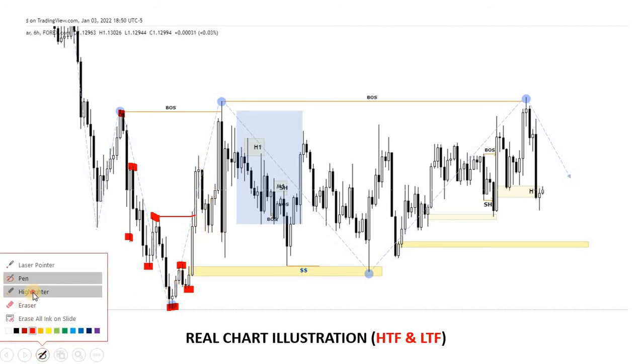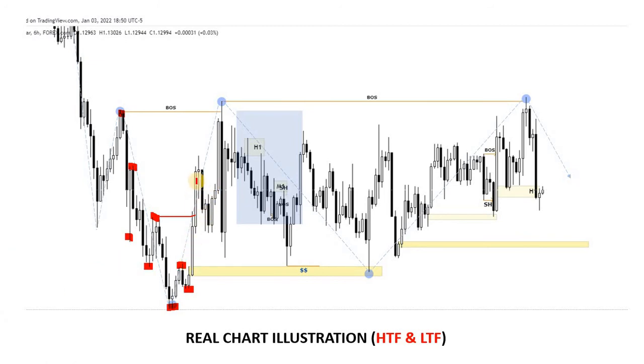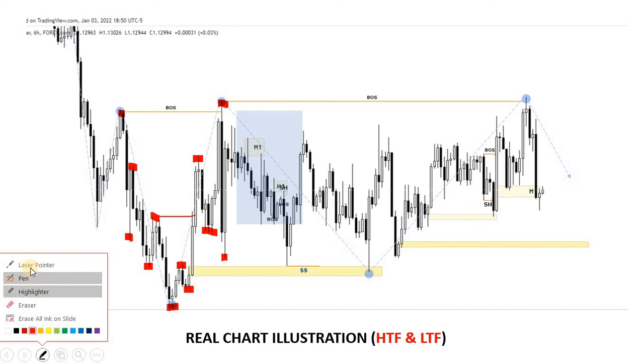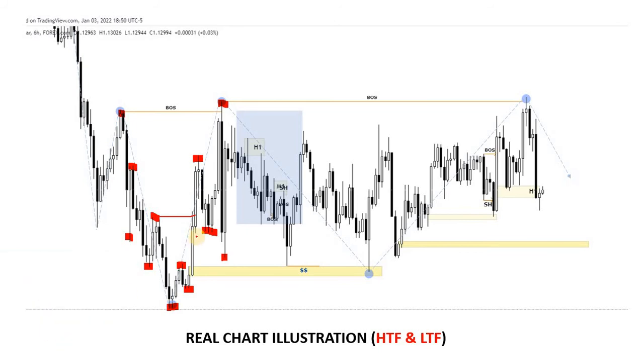So in that case, we have a higher high, a higher low, a higher high. And what happened? We now had what? A lower low. In that case, we had a lower low because we have this break of structure here to give us that lower low.